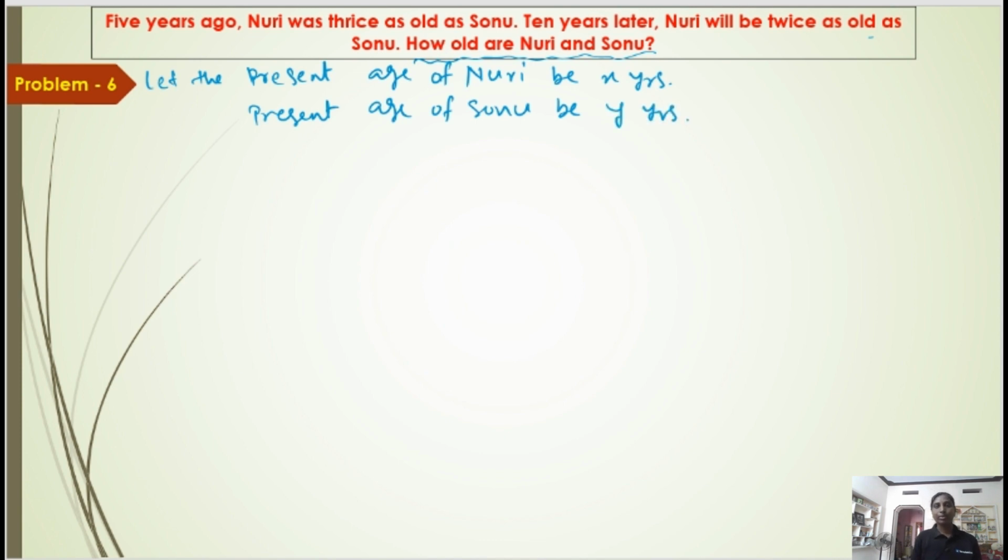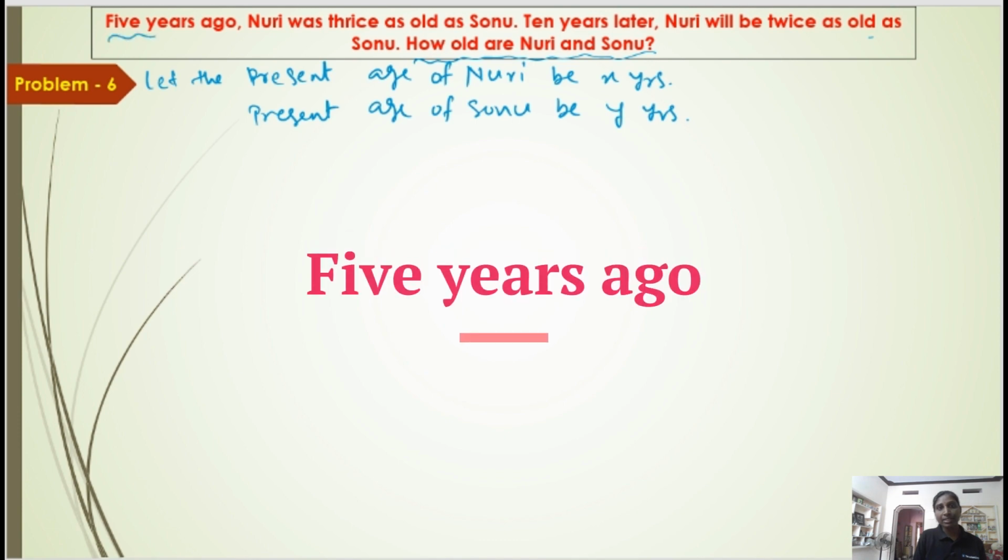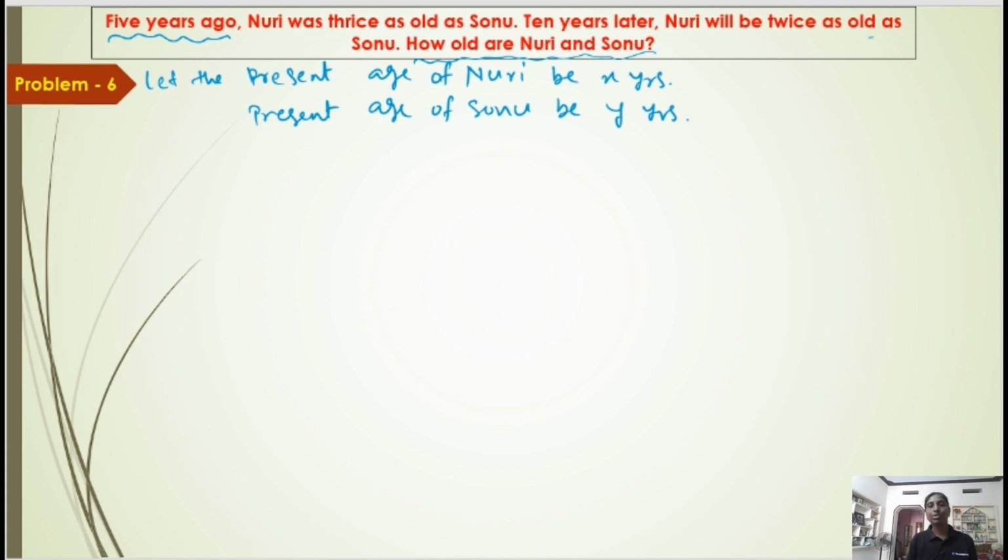Okay, now 5 years ago. What was the condition 5 years ago? Suppose you are 15 years old. What was your age 5 years ago? That is 15 minus 5. You have to subtract 5 years. 15 minus 5 is 10.